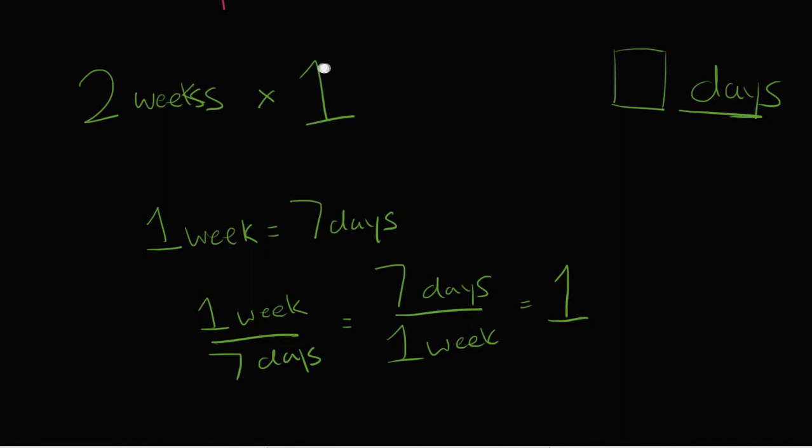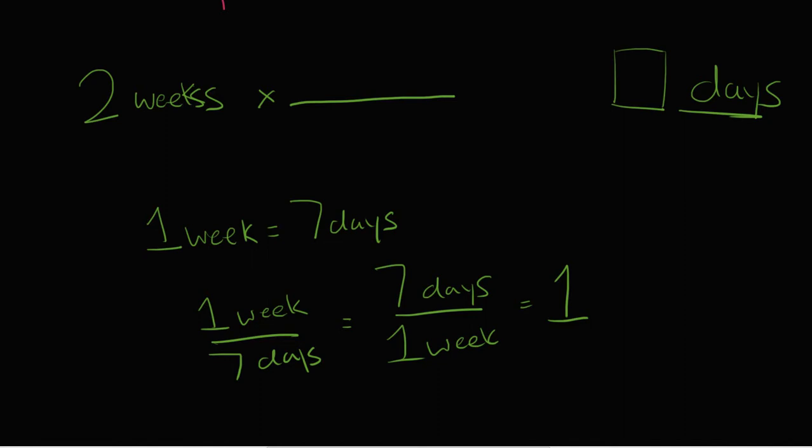So I need to multiply with something to get me different units. I want to get rid of these weeks. I want to somehow convert these weeks into days. So I'm going to multiply a fraction, one of these, and the important thing is I want to get rid of units. So I have weeks on top, and just a multiplication, right?